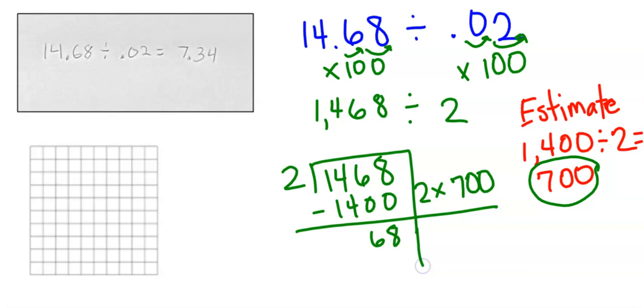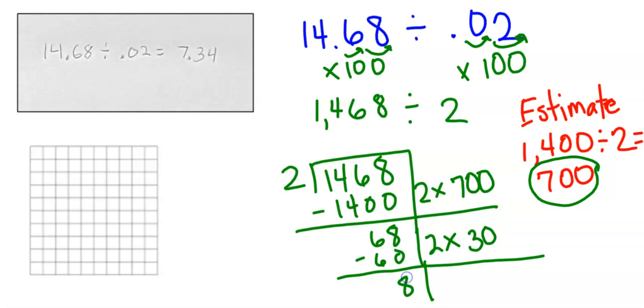If I have 68, I'm thinking, what could I multiply? And so I'm thinking 30, because 2 times 30 is 60. I subtract that and I have 8. So 2 times 4 is 8.